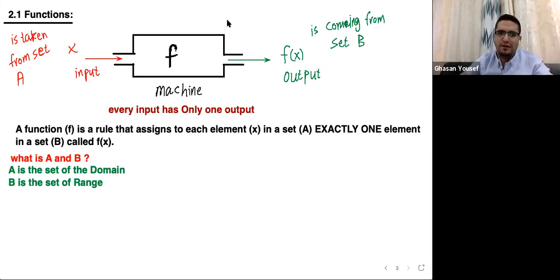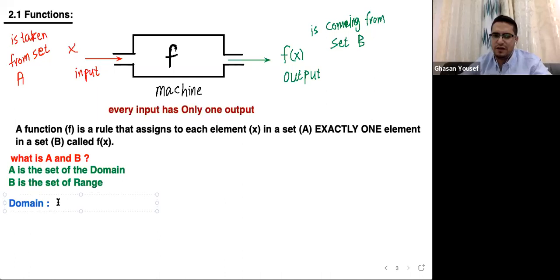So I have another question here. What is the meaning of domain? Does anyone know what the meaning of domain is? Exactly, Aziza. All possible values of x for a function that make the function defined. Like all possible inputs that make the function defined when I plug them inside the function.